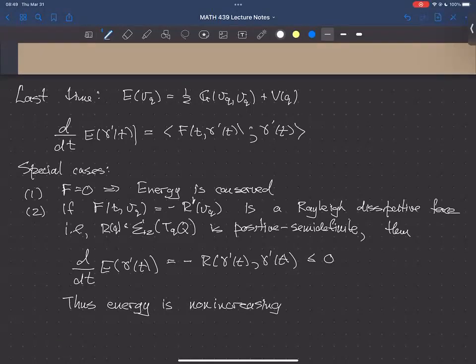A dissipative force is called a dissipative force because it dissipates energy, or at least it doesn't leave energy constant. If it does anything to it, it'll decrease it.